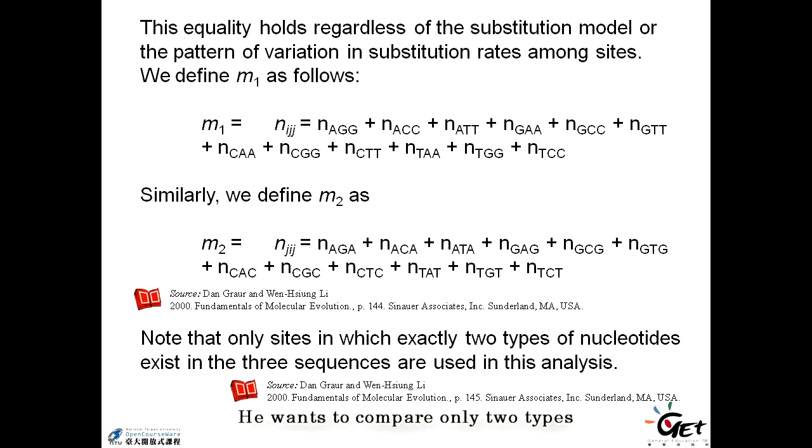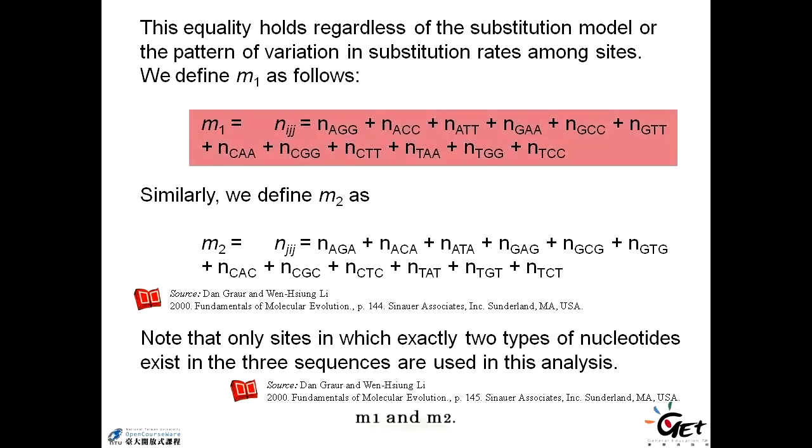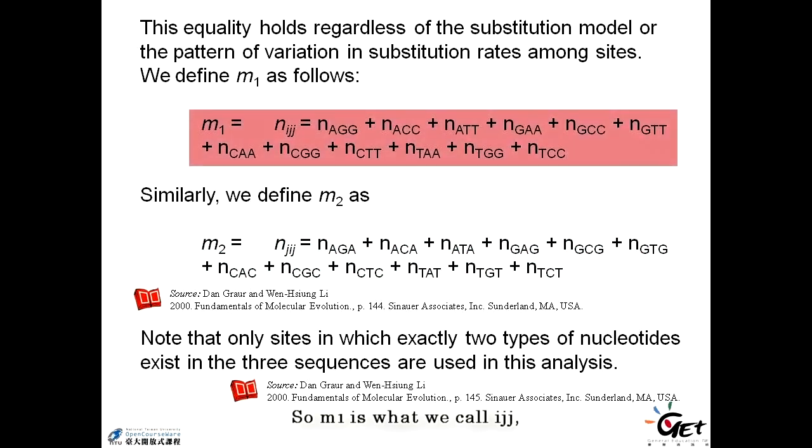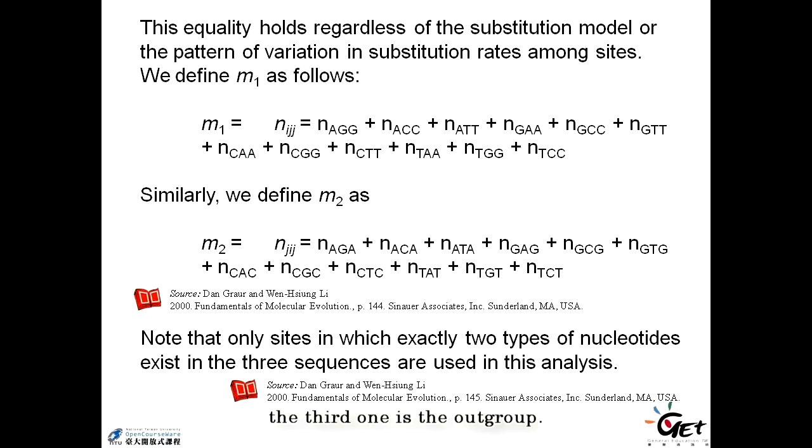Here he wants to compare only 2 types of sequence differences, M1 and M2. So M1 is what we call I, J, J. The third one is the R group. And the I and J means the sequence you want to compare, the 1 and 2 lineages, are different at this position.